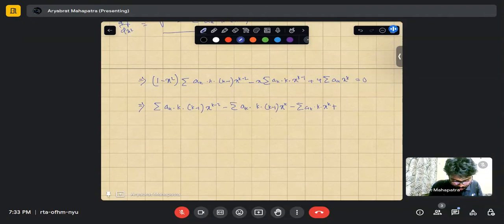When x square multiplies with the first term, that gives x to the power k. So from here I'm getting these coefficients.